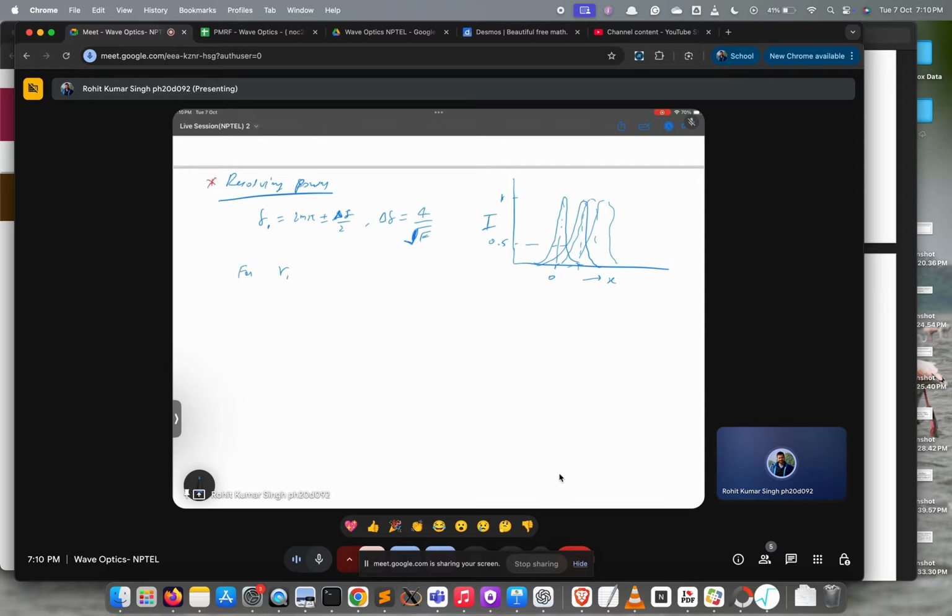So for the first frequency or first spectral line, we can simply write our earlier formula for delta as 2m pi.